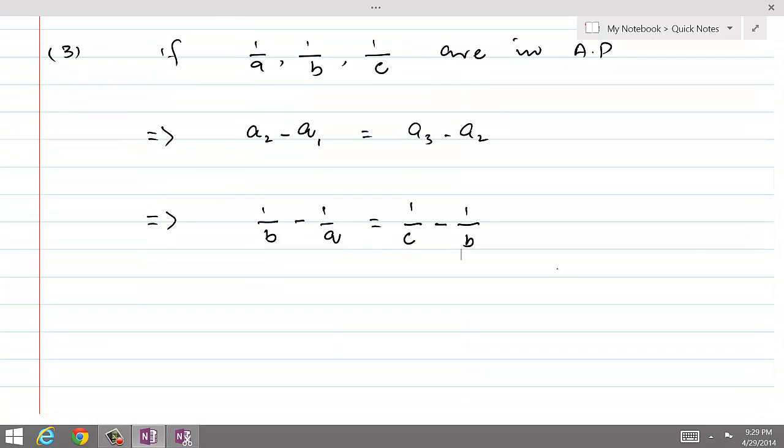So keeping that in mind, now let's take LCM on both sides.